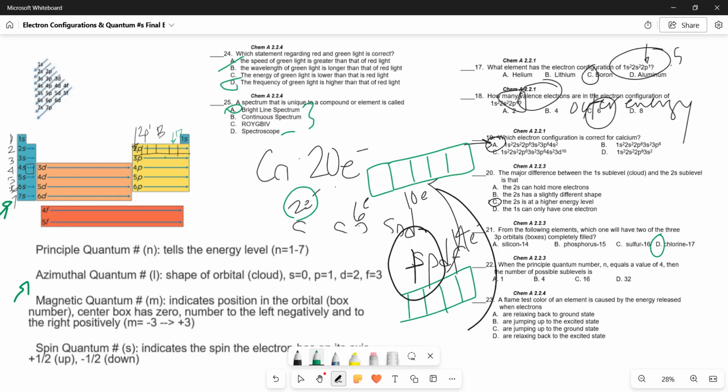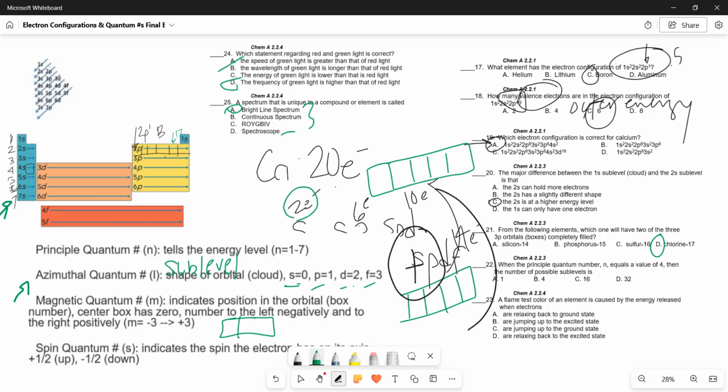Right now we have energy levels 1 through 7. Azimuthal is basically the electron clouds, and in this case, it's being called the sublevel. They're not the energy level, but the sublevel. We can have an S cloud, which is signified by a 0, P with a 1, D with a 2, F with a 3.